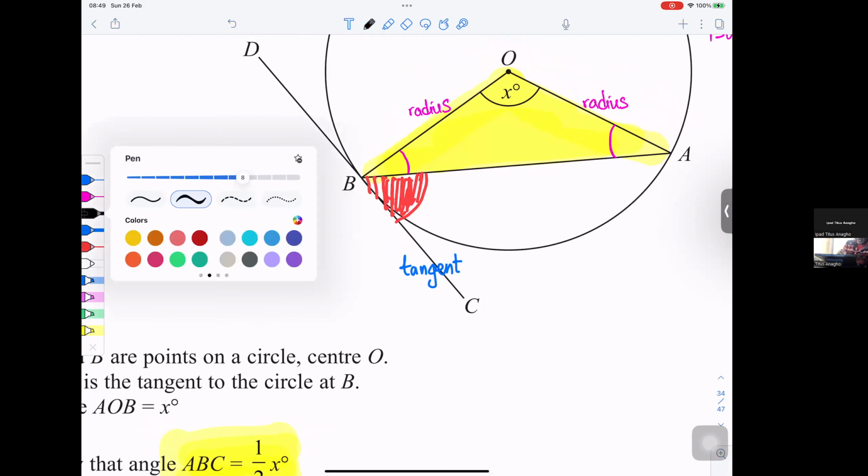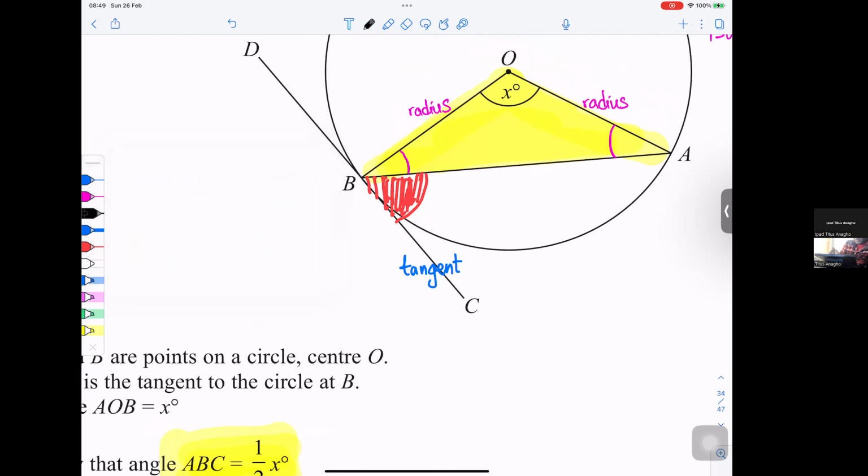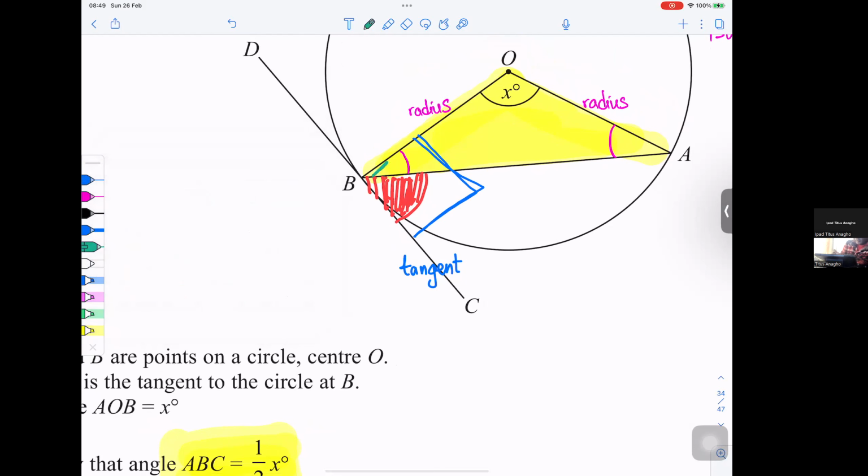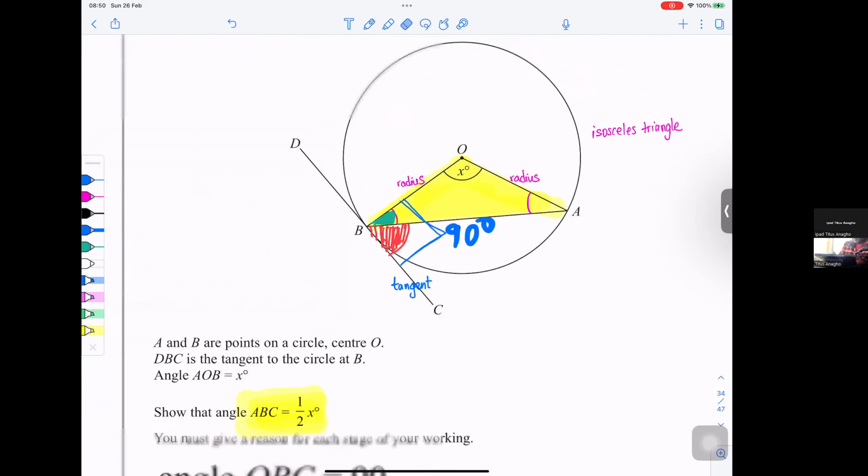We get the red angle by taking 90, which is the total angle, minus this angle in green. So 90 degrees minus the green angle will give you the red angle.